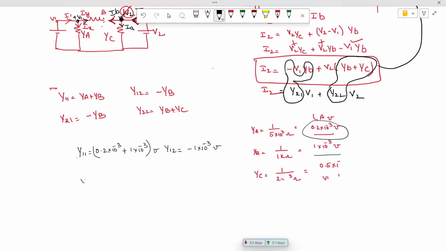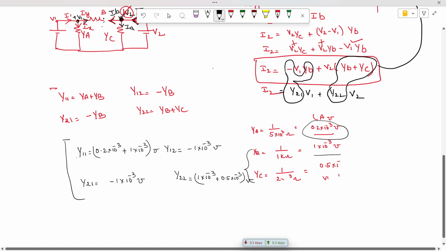Next, what is Y21? Y21 is minus YB. What is the YB value? 1 into 10 to the power minus 3 mhos. Next one, what is Y22? Y22 is YB plus YC. So 1 into 10 to the power minus 3 plus 0.5 into 10 to the power minus 3 mhos.